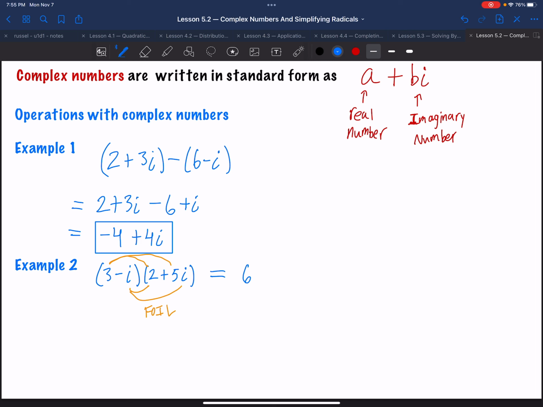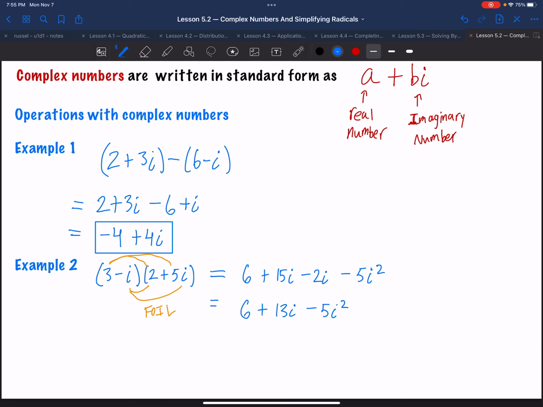Then 3 times 5i is 15i. And then negative i times 2 is negative 2i. And then I have negative i times 5i, which is negative 5i squared. So you could do 6 plus 13i by combining those like terms, then minus 5i squared.